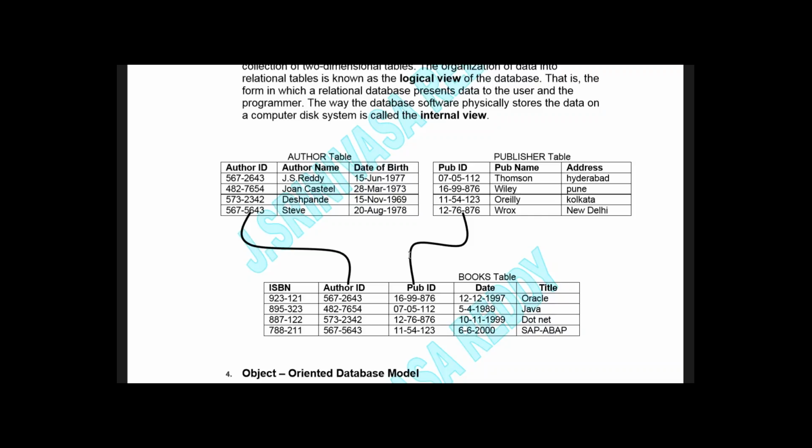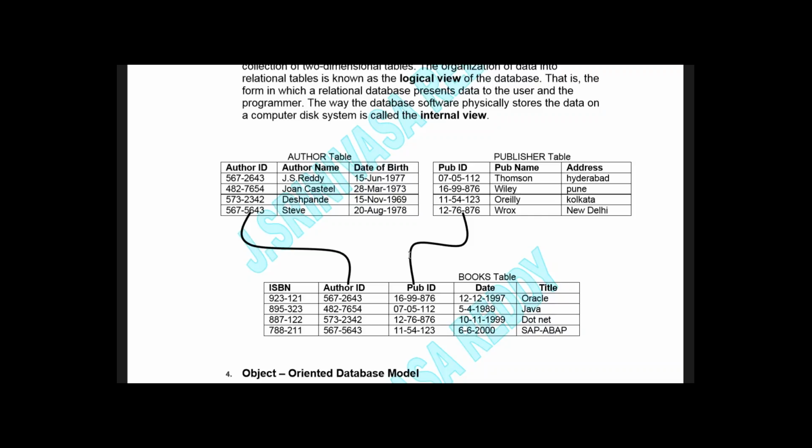So here there is another table called books table. A book is written by the author, published by the publisher. So there is a relation between author and books, publisher and books. That's why book ID, book number, author ID, publisher ID, date of the book publishing, and the title of the book, right?